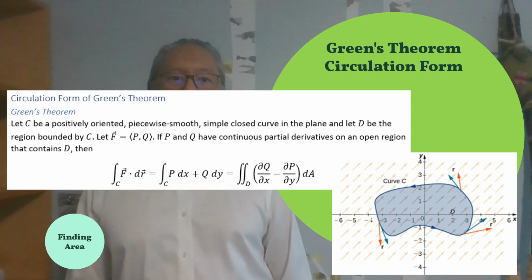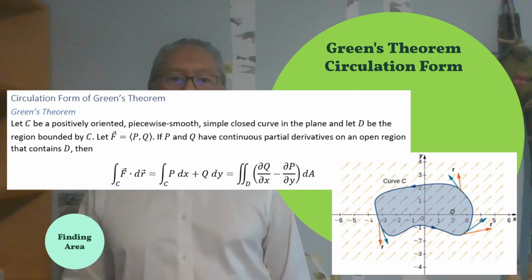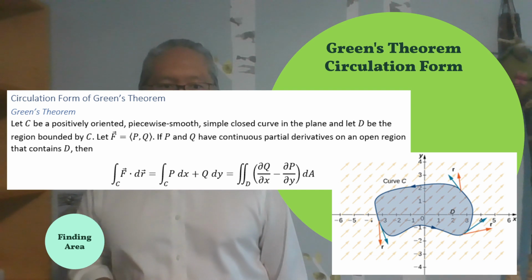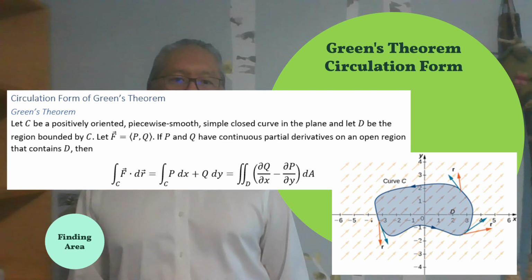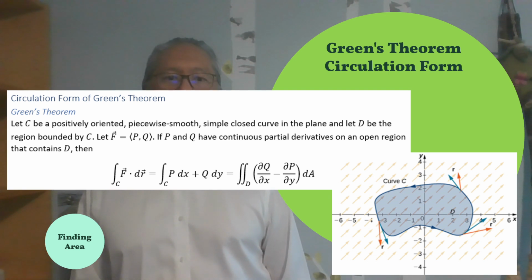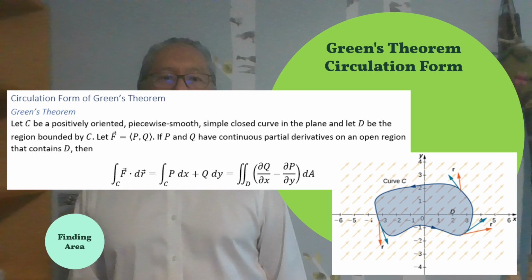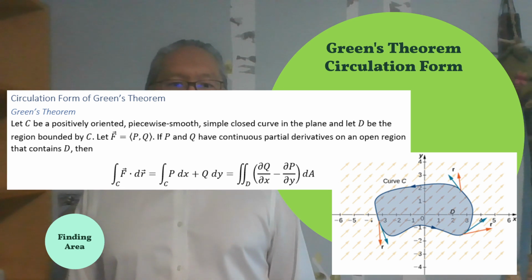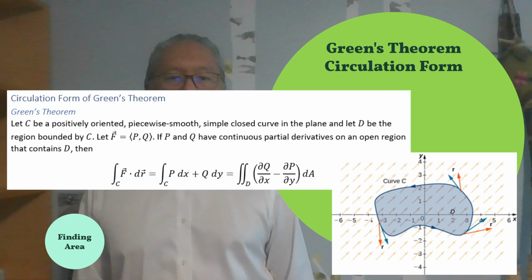We can also look at this as some sort of circulation going around a curve C, and the orientation is important, going in a counterclockwise direction. As we go along, we follow the tangent vectors, and the computation for the line integral, if you remember, is the dot product between the vector field and the tangent vectors along a particular curve.